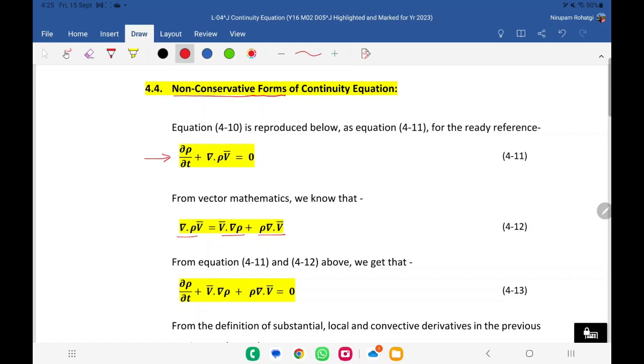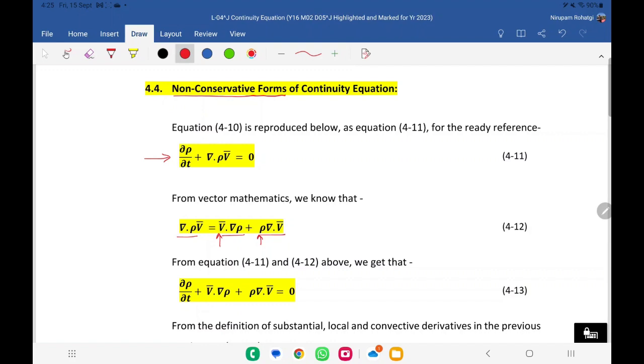Derivative of a product is what? Derivative of A into B is derivative of A into B plus derivative of B into derivative of A. One by one you do, maintaining the product. Same thing is done here. Once V is taken out, the other time rho is taken out.